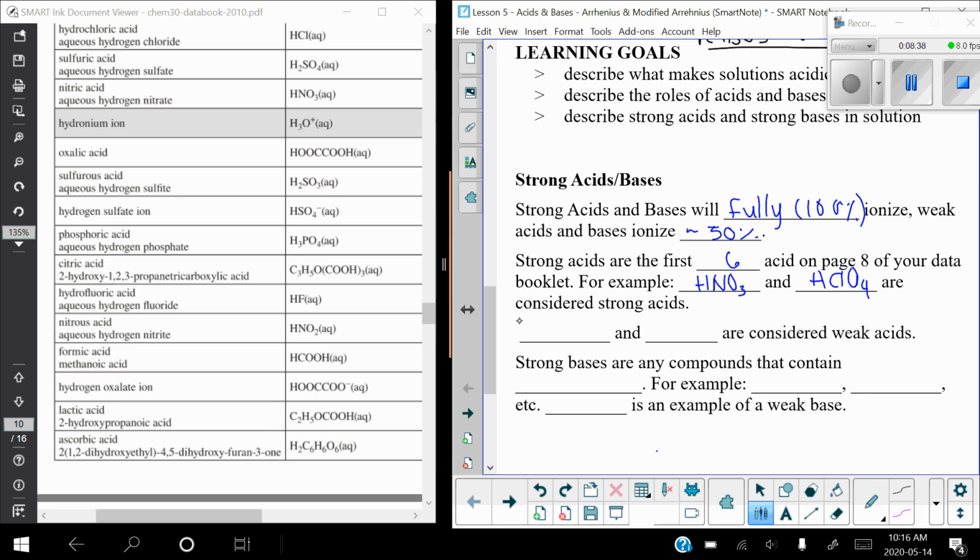So formic acid, HCOOH, is considered weak. Sulfuric acid sounds pretty deadly, but it's also weak, still considered pretty dangerous, but it is a weak acid. Strong bases are any compounds that contain the hydroxide ion.